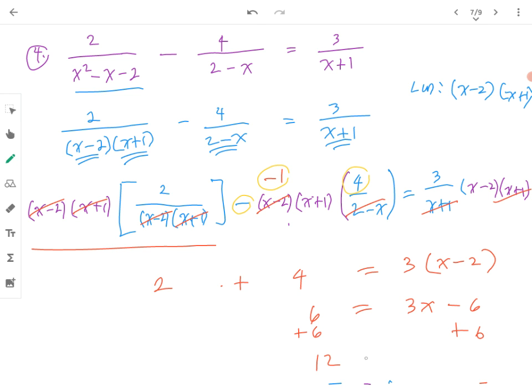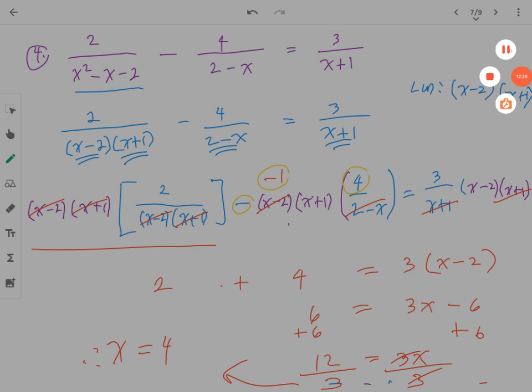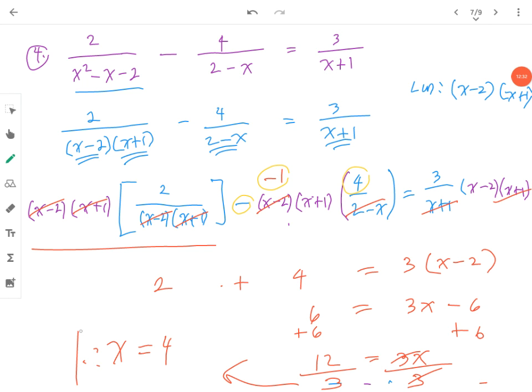We have 12 equals 3x. Then we divide by 3, we have x equals 12 divided by 3, which is actually 4. That's it. x equals 4. I think that's all.